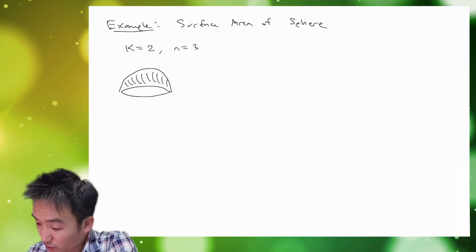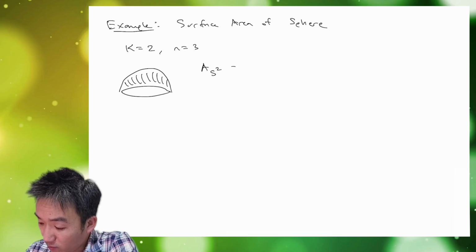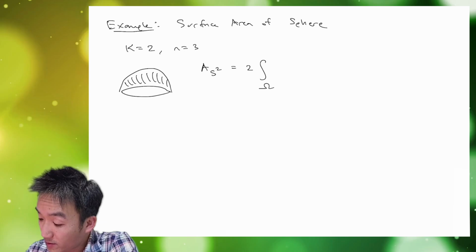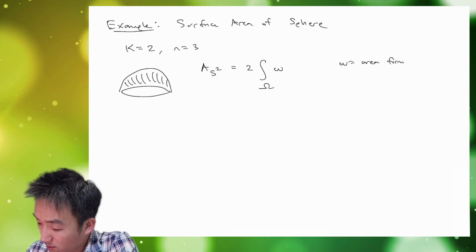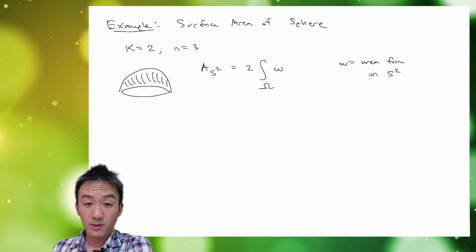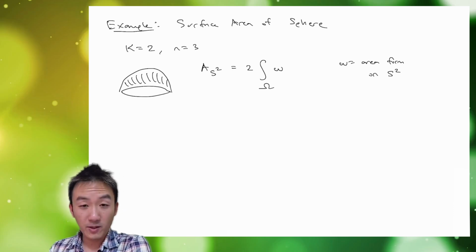So what we need to do is compute the area of S2, which will be twice the integral over the upper half of this 2-form omega, where omega is the area form on S2. So there's a differential form such that when I integrate it, it gives me the area.